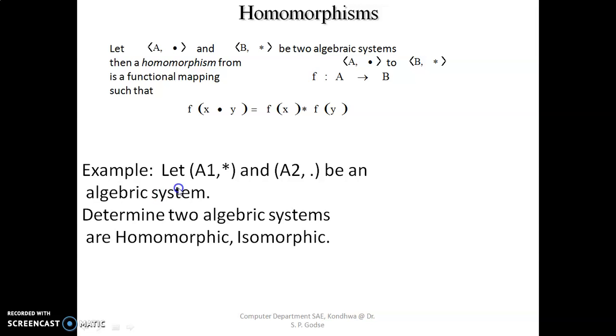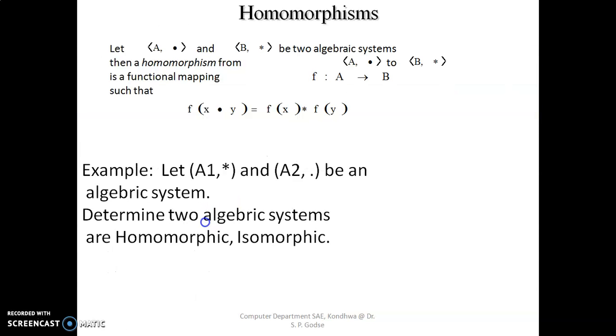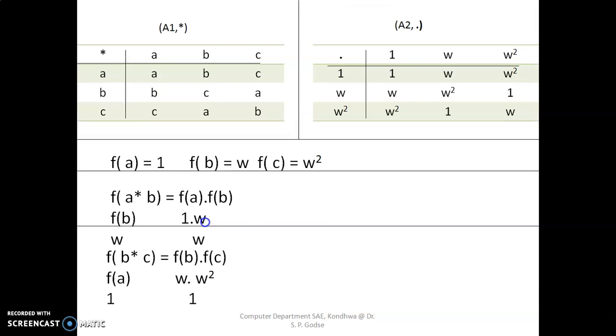What they ask is to determine whether the two algebraic systems are homomorphic or isomorphic. The condition is a functional mapping f: A → B such that f(x·y) = f(x)·f(y), and this is matching here, so these algebraic systems are homomorphic.